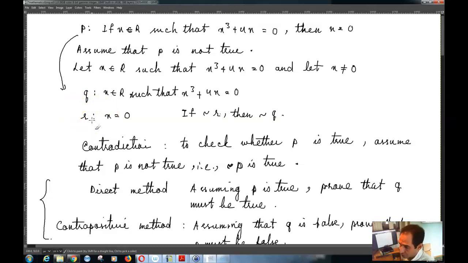That's the statement that I want to prove to be true, and I want to use the method of contradiction.